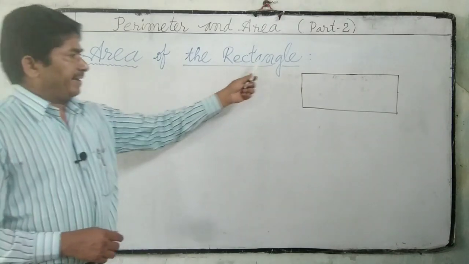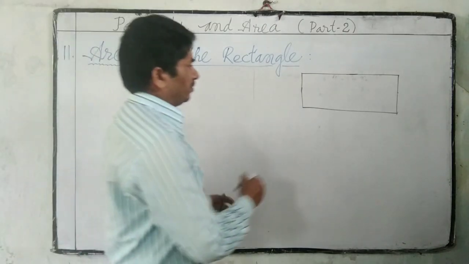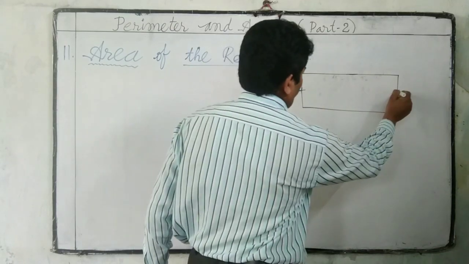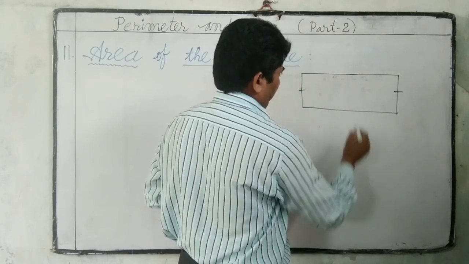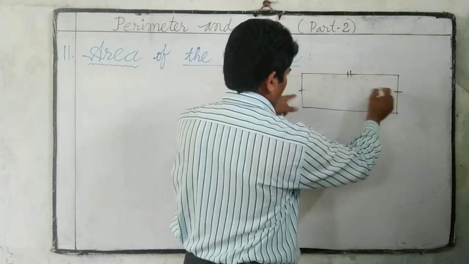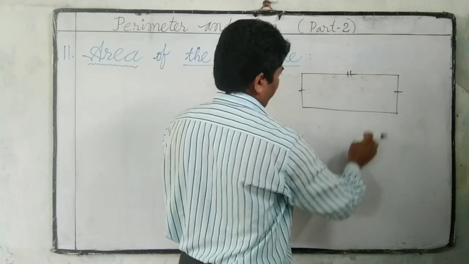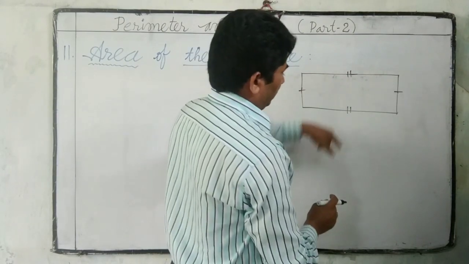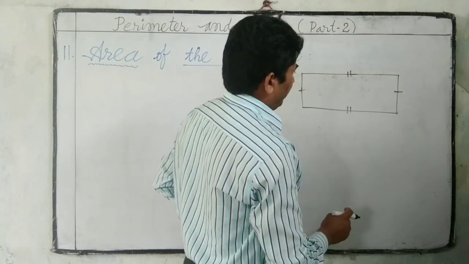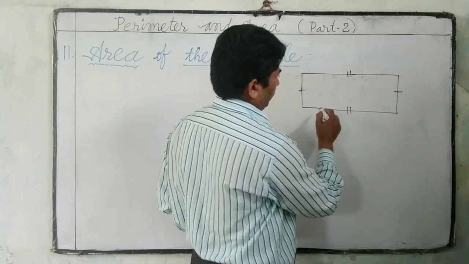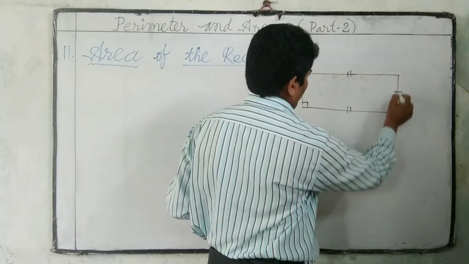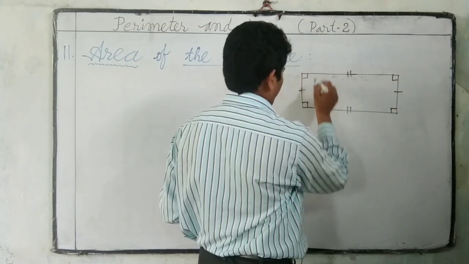Area of the rectangle. This is a rectangle. Opposite sides are equal in a rectangle. These are one pair of opposite sides. These are another pair of opposite sides of the rectangle. And all angles are equal, that is 90 degree.